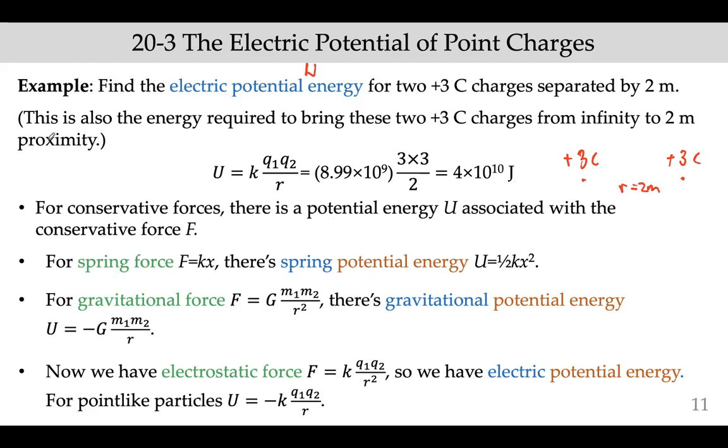By the way, this energy is also the energy required to bring these two plus 3 coulomb charges from infinity to 2 meters proximity. How do you do this? You use Coulomb's constant, the charges are both 3, and the distance between them is 2. Notice that we don't take the square of it. This is not force, this is potential energy. And the answer is 4 times 10 to the 10th joules.